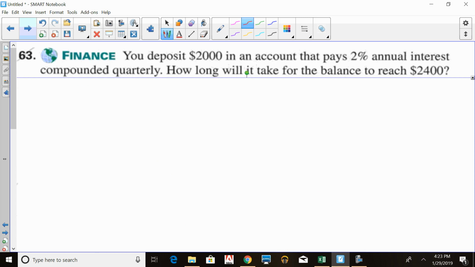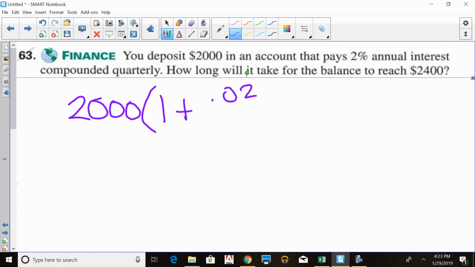All right, then these story problems. It says you deposit $2,000 in an account that pays 2% annual interest compounded quarterly. How long will it take for the balance to reach $2,400? So you're starting with 2,000, and then it's 1 plus 0.02, because 2% is 0.02, divided by 4 because compounded quarterly.